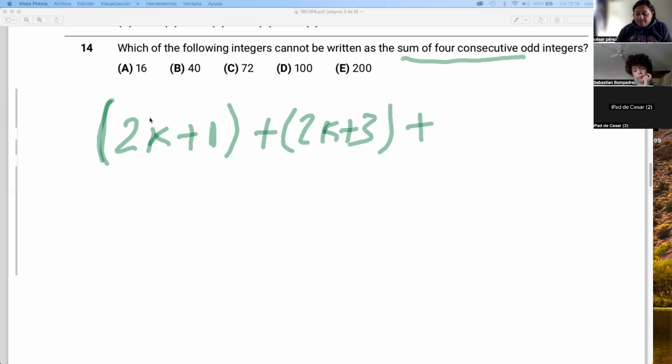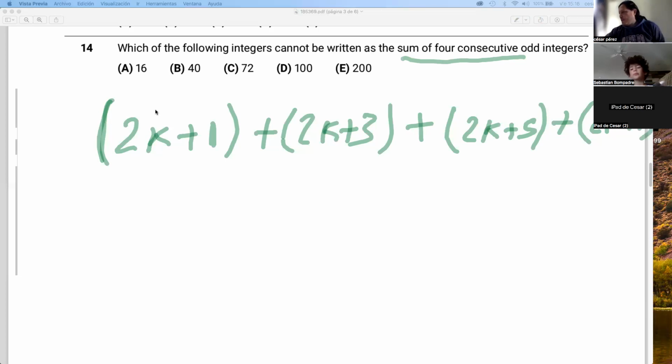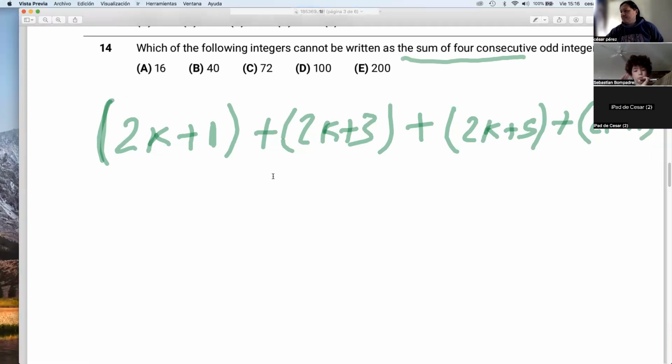The next one? 2k plus 5. And the next will be 2k plus 7. Okay. If we make this, we are going to simplify this formula.